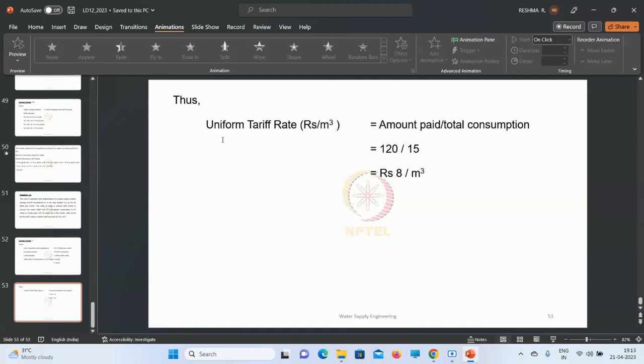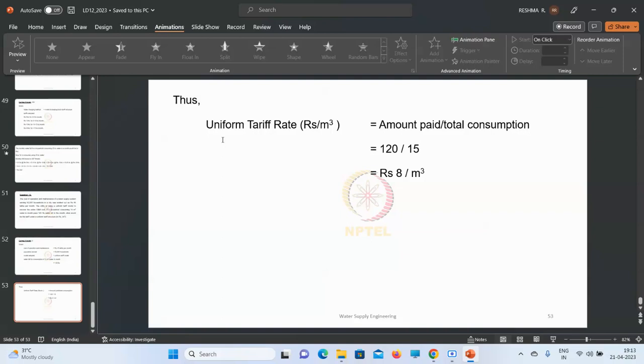Can it be done this way: the total amount is 45 lakhs per month as per the question, and the total consumed by 50,000 households is 50,000 into 15, because in the last-to-last class there was a confusion regarding this type of question.